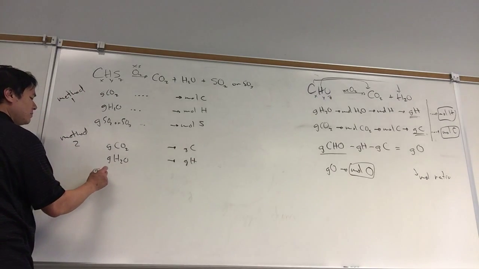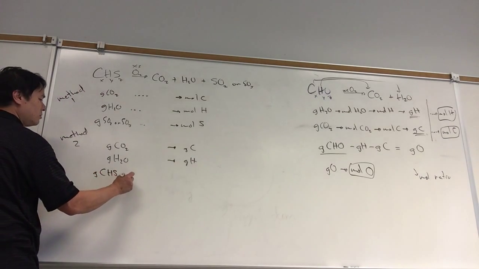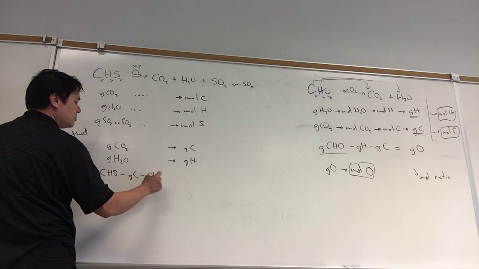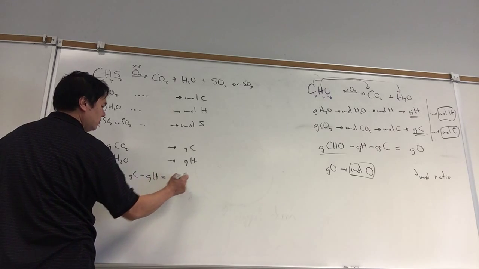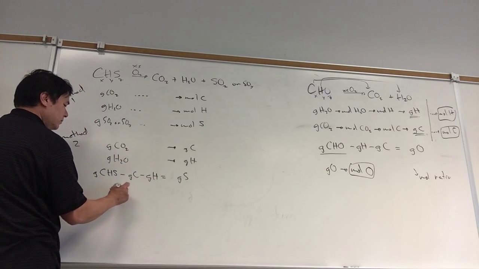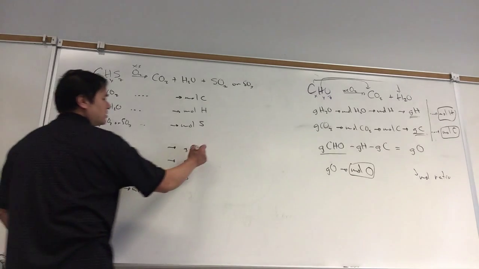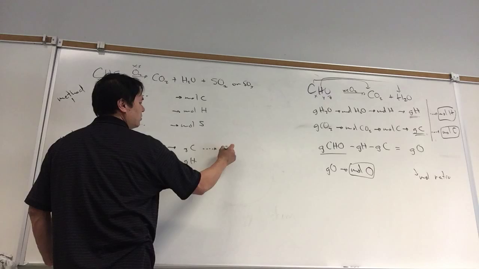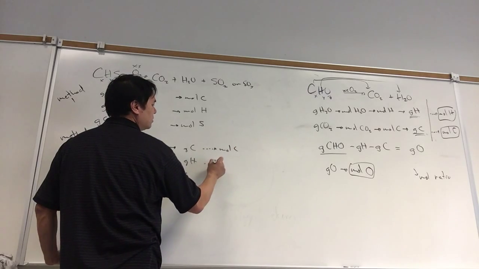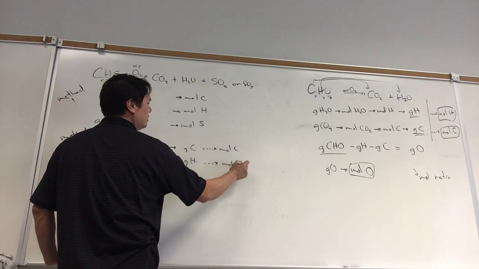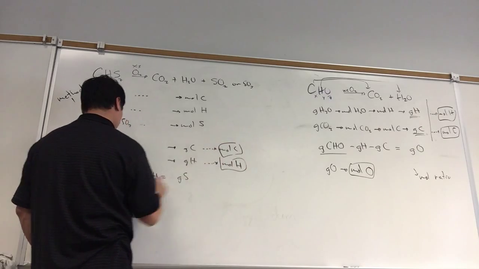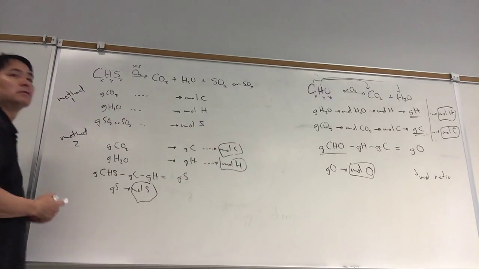And then we have grams of CHS minus grams of carbon minus grams of hydrogen yields grams of sulfur. From grams of sulfur, we could get moles of sulfur. And then eventually we have to go back here to generate moles of carbon and go back here to generate moles of hydrogen, and then just get the mole ratio. That's it.